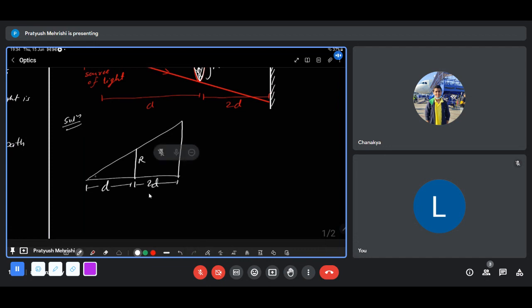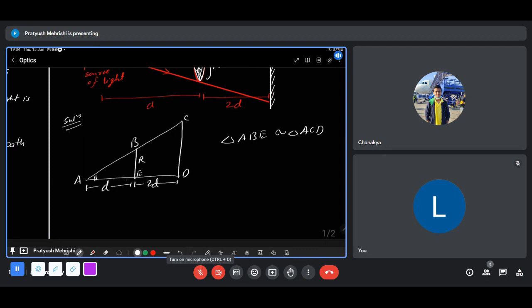Because the angle is the same, it means both the triangles are similar. If I name these triangles A B E and A C D, then we can clearly see triangle ABE is similar to triangle ACD.